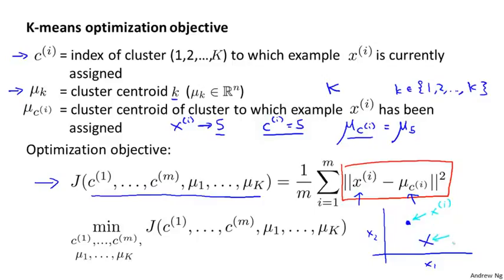If that's the location of mu_5, let's say, if x^(i) has been assigned to cluster centroid 5, as in my example up there, then this squared distance is the square of the distance between the point x^(i) and this cluster centroid to which x^(i) has been assigned. And what k-means can be shown to be doing is trying to find parameters c and mu to minimize this cost function J. This cost function is sometimes also called the distortion cost function, or the distortion of the k-means algorithm.